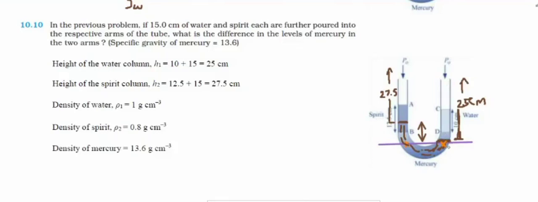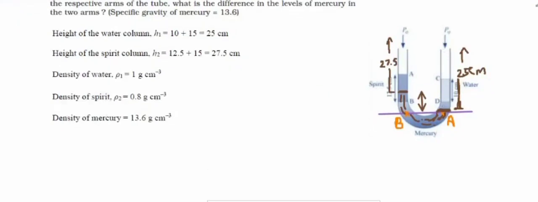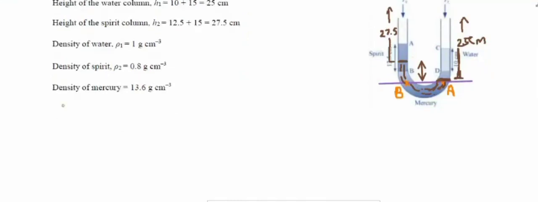I'm going to name them point A and point B. At points A and B, equal pressures are there. At point A, the pressure is the pressure applied by water of height 25 centimeter. So we can have PW is equal to HW rho W G.